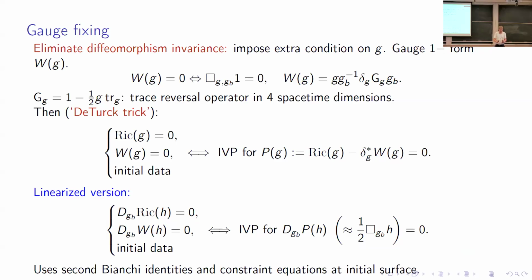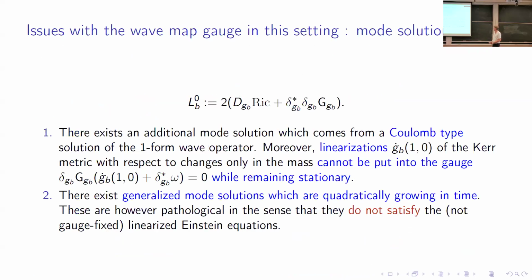So this is the usual harmonic gauge, and we will see what is going on with this gauge. So this is my operator, and there are some issues about it, as you can imagine. The first issue is that you have some mode solutions, and these come from Coulomb type solutions of a one-form wave operator.